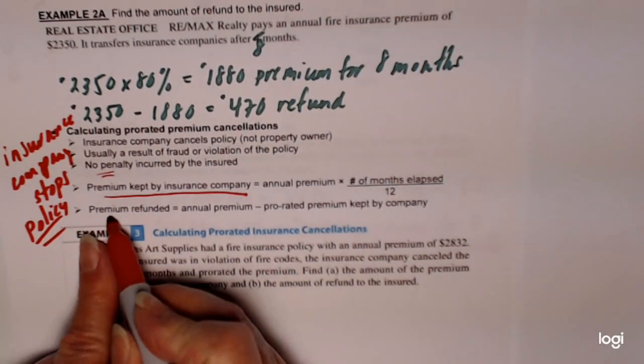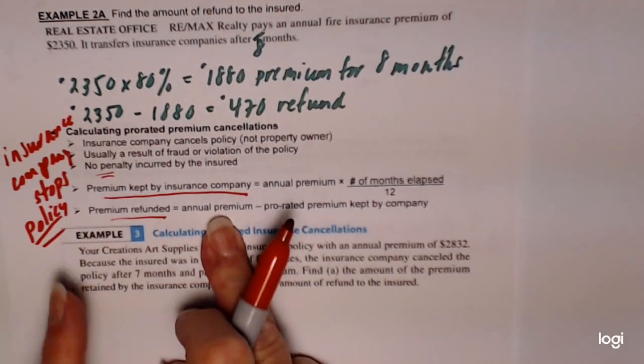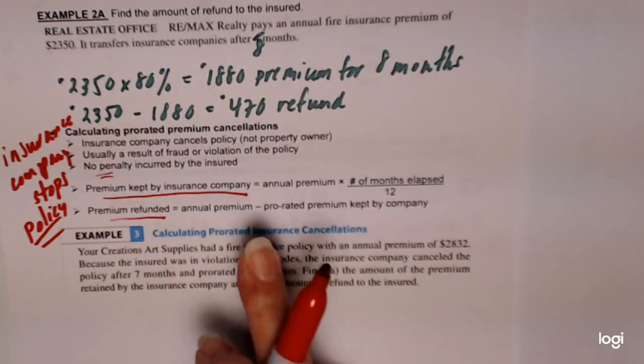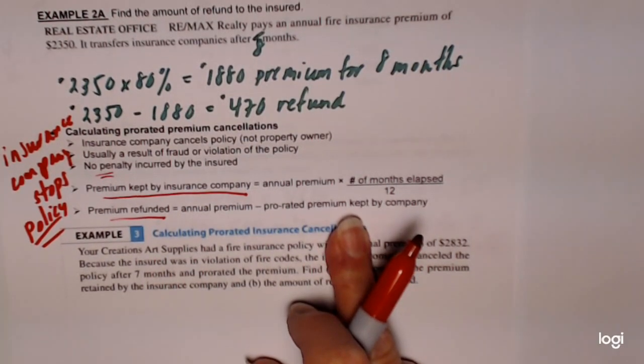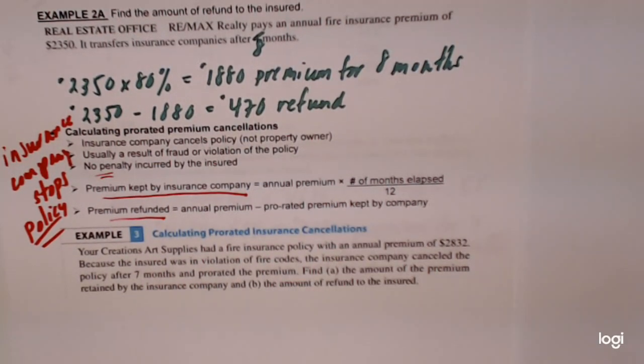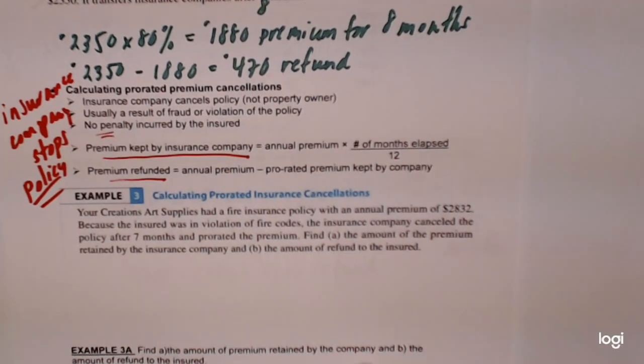And the premium refunded, similar to before, is going to be the annual premium less the prorated premium that the insurance company keeps.